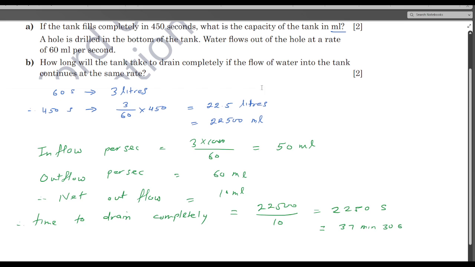So 37 minutes 30 seconds is the total time for draining the tank completely.